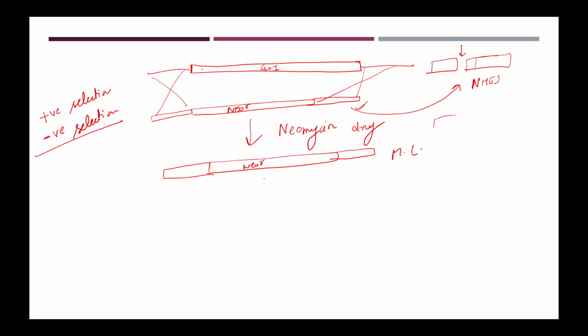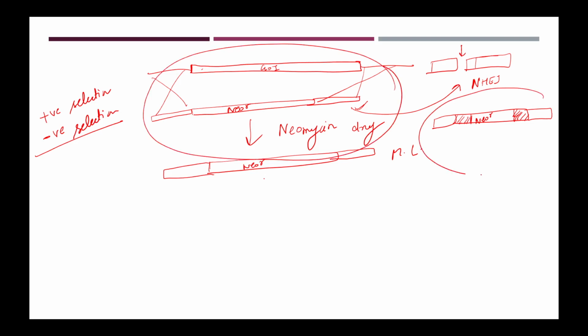Okay, so at some other locus also, this entire thing, while repairing that break, will also get integrated there. So in some cells in some populations, this kind of arrangement has happened. In other populations, this kind of arrangement has happened, that your construct has got integrated to some other non-specific locus which you are not desiring.